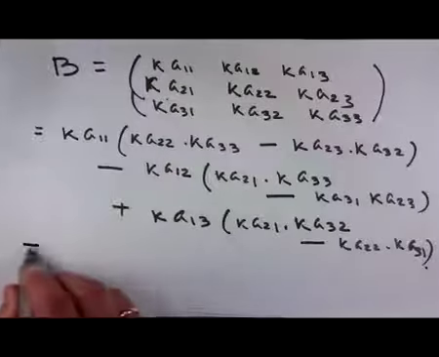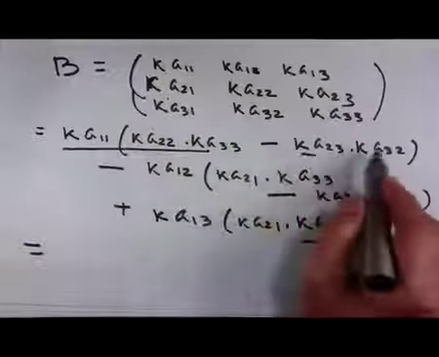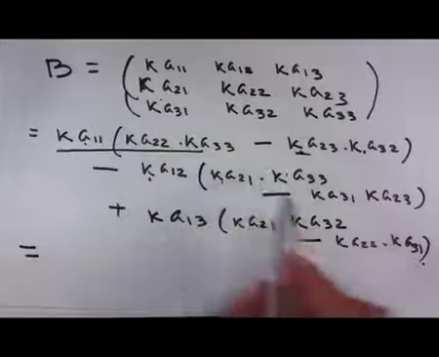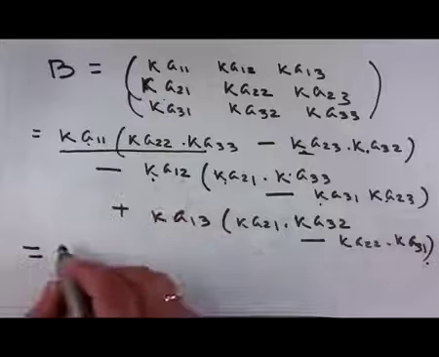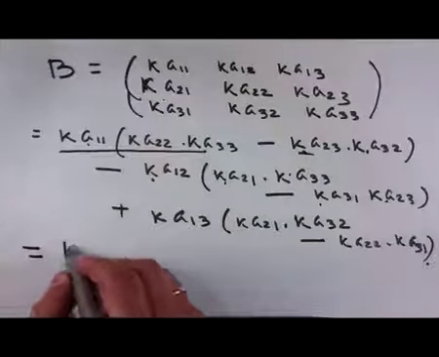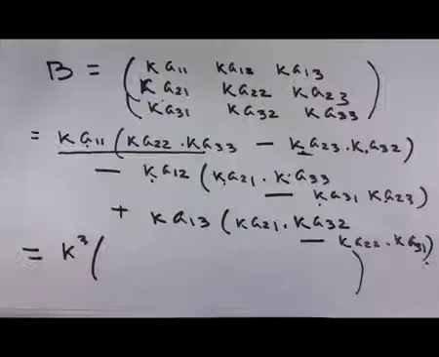What is this? If we look, each term has 3 K's: 1, 2, 3, here 1, 2, 3, here 1, 2, 3. In other words, we can take K cube to be common. I am not writing it again.